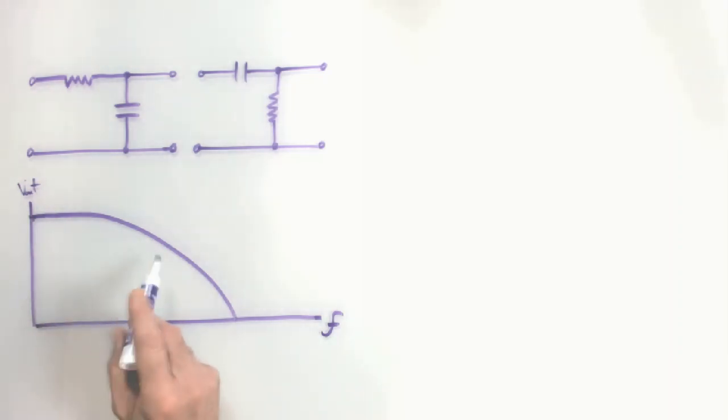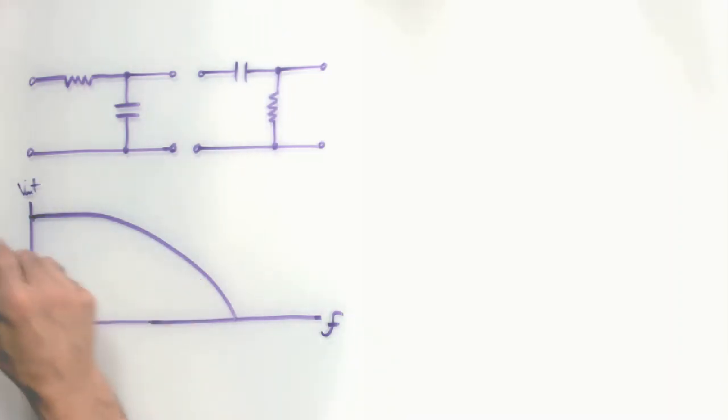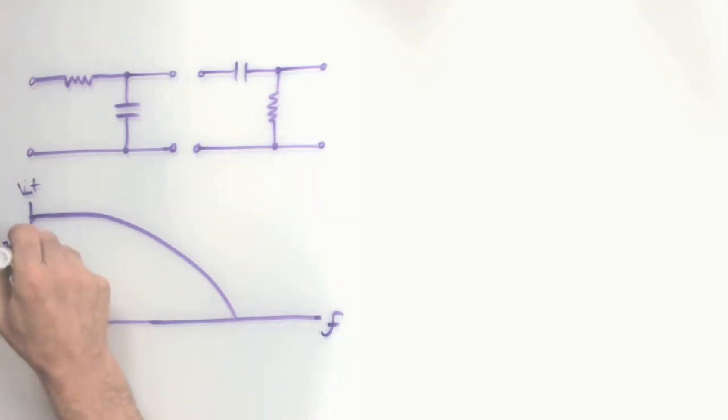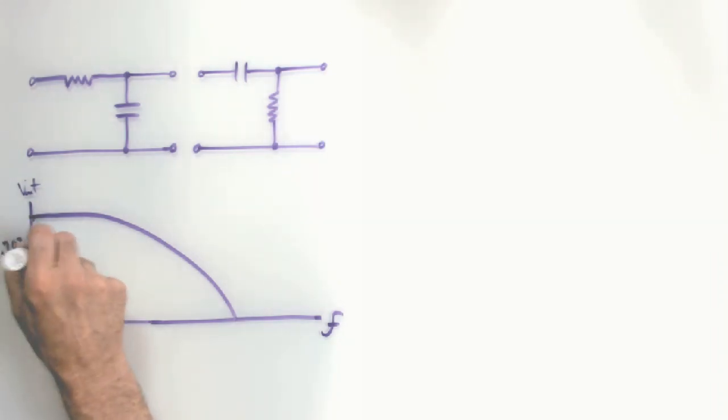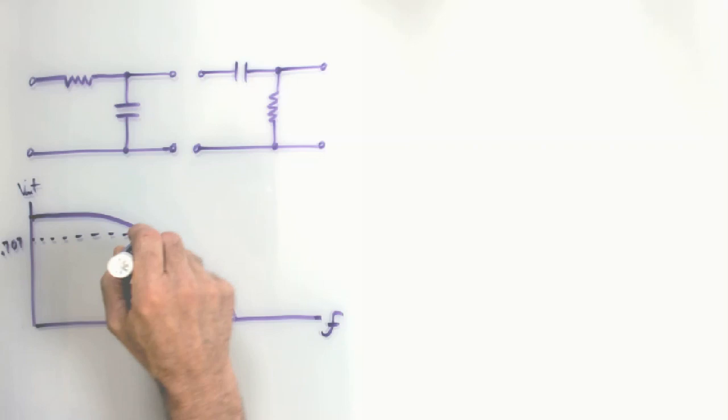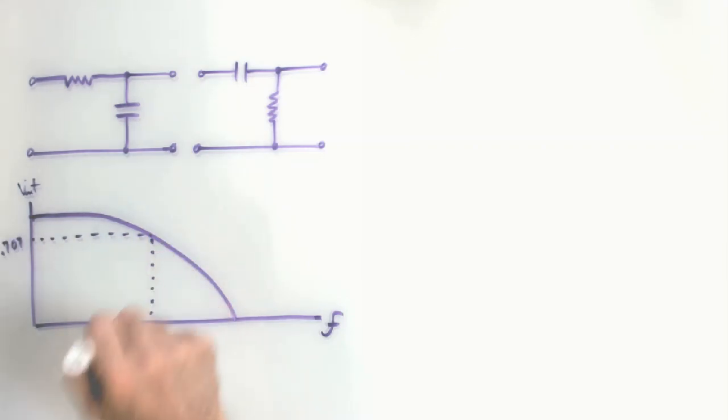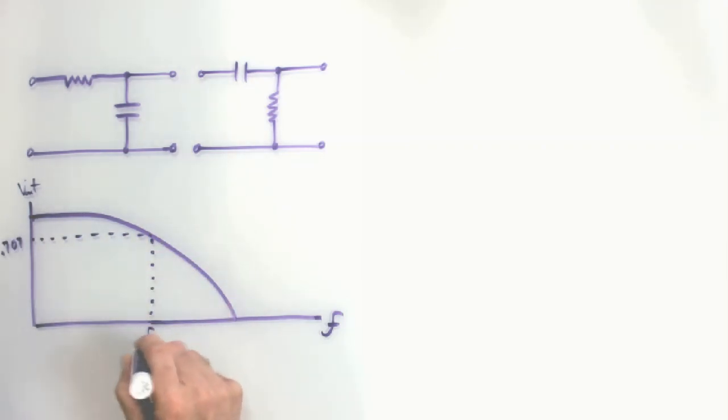And there is a cutoff frequency where the output would drop to 0.707 of what it was in the pass band, they would call that. So if we bring that over, here's where it dropped. And of course that's our cutoff frequency.